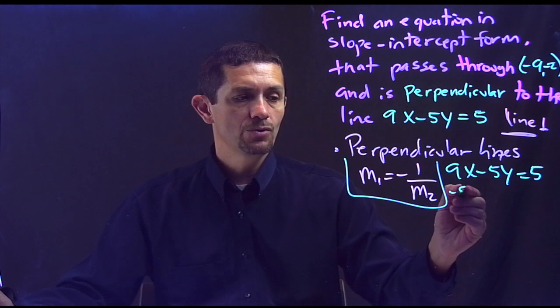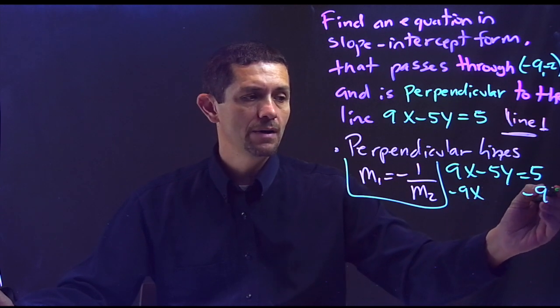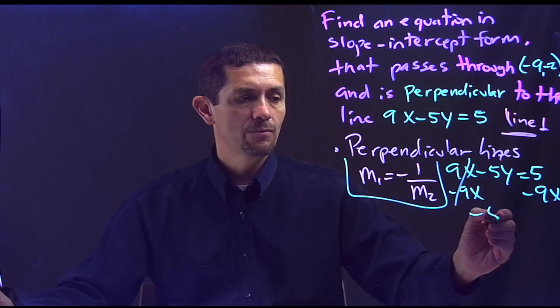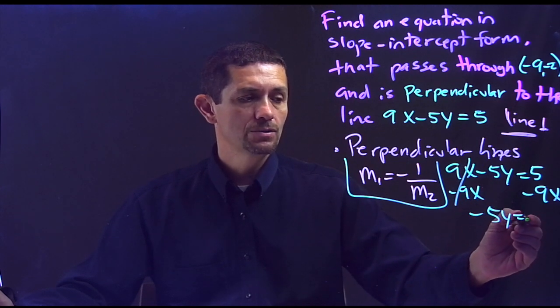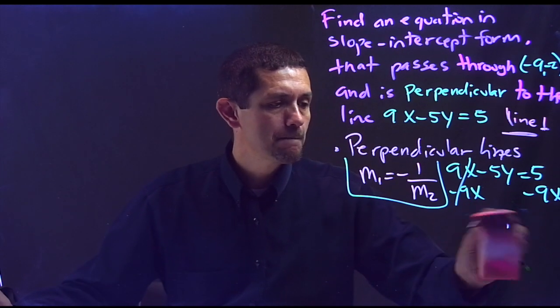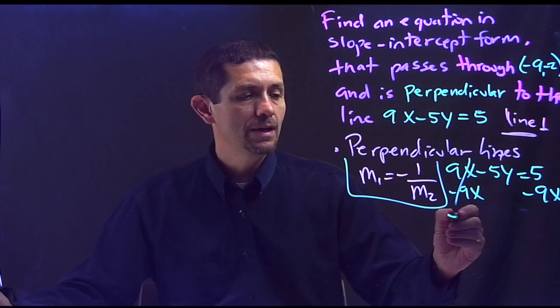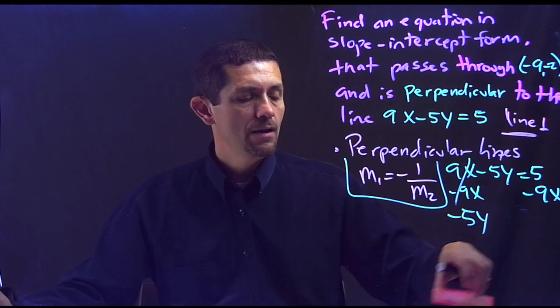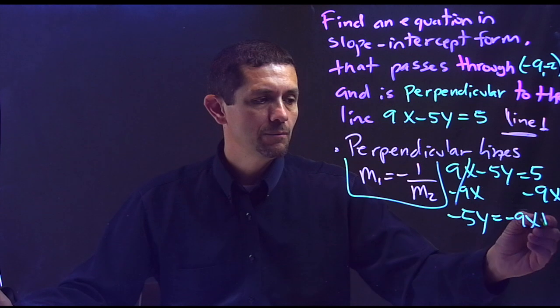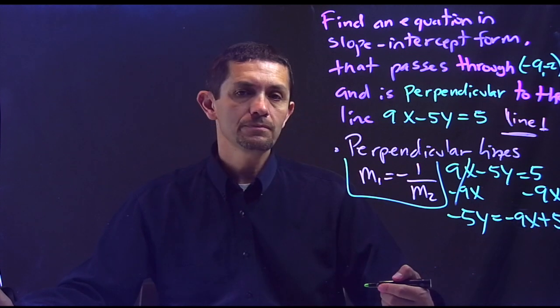It's positive, so I do minus 9x on both sides. They cancel out, and I have negative 5y equals negative 9x plus 5.